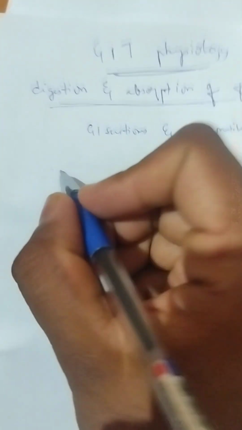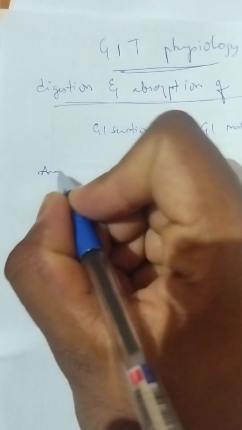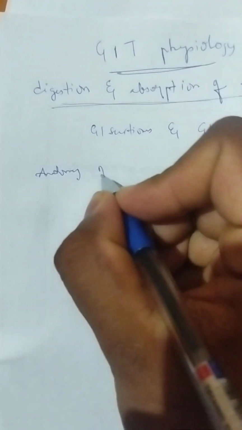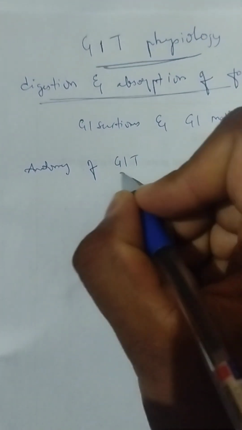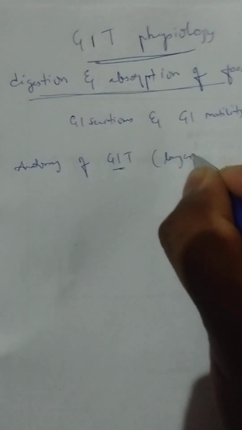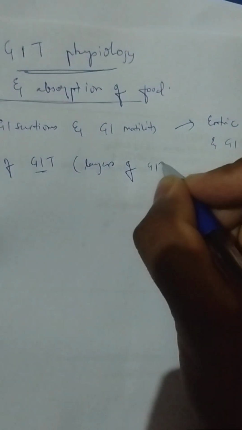Okay, before going into the topic, let us understand the basic anatomy of the GI tract, that is, the layers of the GI tract.